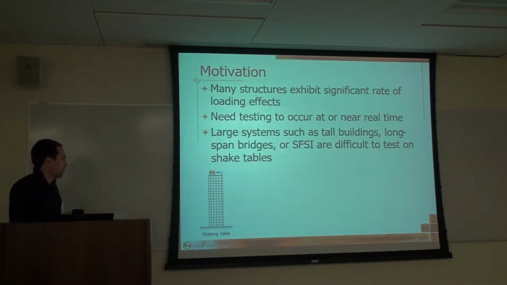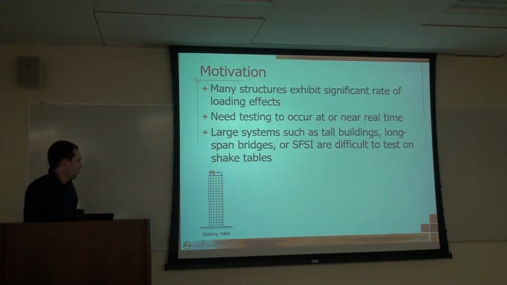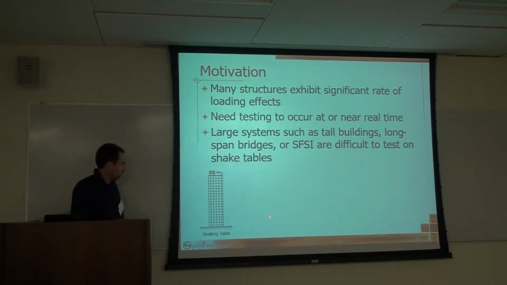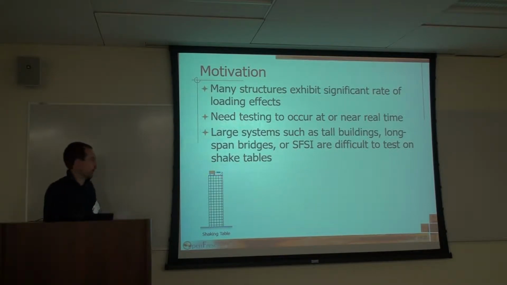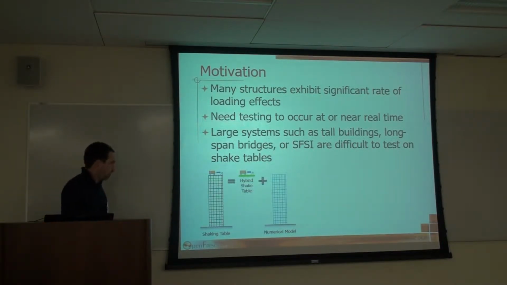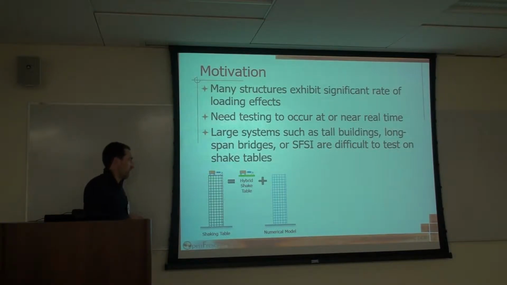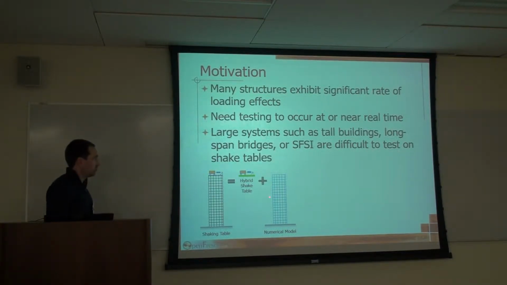So for example, if we have a shake table and we want to test this tall building here, and maybe the tall building has a tuned mass damper on top of it, to do this in full size on a shake table becomes impossible, right? However, if we do this as a hybrid shake table test, what we can do is put the whole tall building structure into the numerical model, and we only put the tuned mass damper on our shake table.